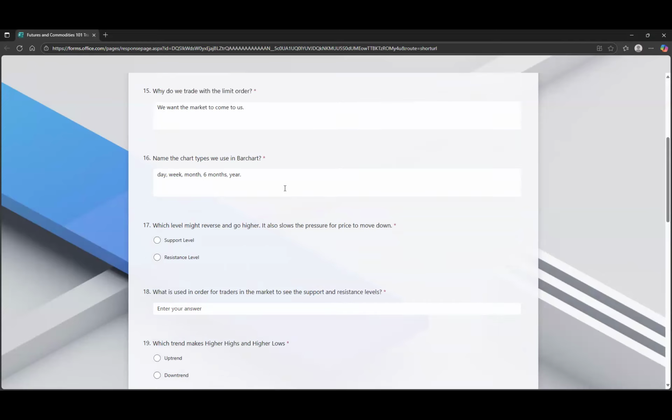Name the chart types we use in bar chart: day, week, month, 6 month, 9 month, year. Yeah, they got it. The primary one we typically use is the 6 month chart.